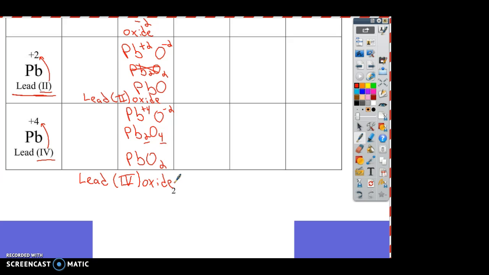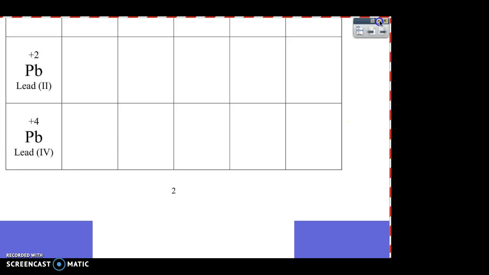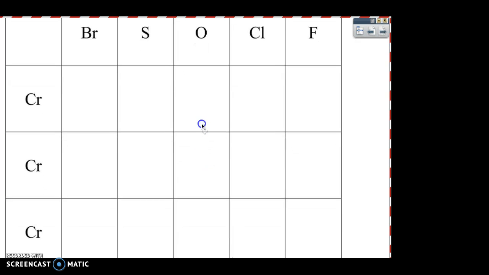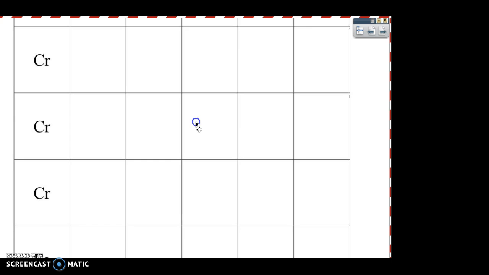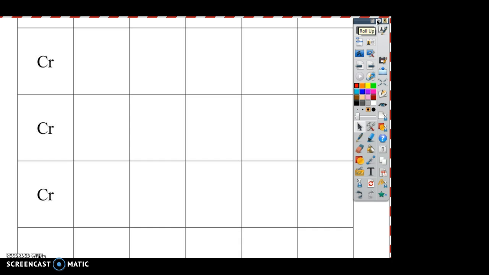All right, I'm going to move on to the next page. Like I said, I'm just going to pick out certain ones here that I think are worth going over. On the next page you'll see chromium is listed 3 times because you have 3 different oxidation numbers for chromium, but you do these the same way as we just did on the last page. Remember, these are binary ionic compounds, so they form ions, which means we have to pay attention to their charges.